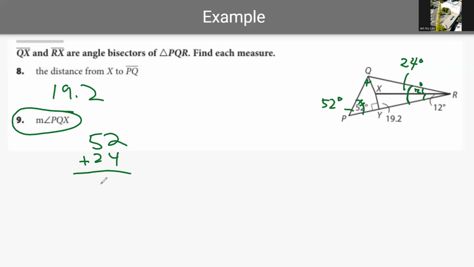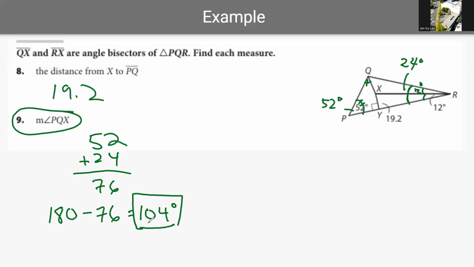That'll get me 76, and with this number, I'm going to subtract from 180, which gives me 104 degrees. So why did I do this? The 104 degrees, that is this angle here.